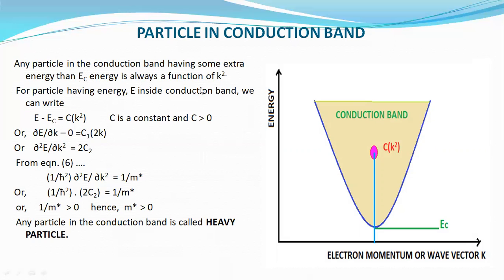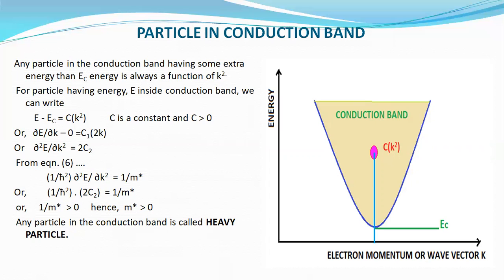So let's consider some electron lies inside the conduction band at this position, say C, at some point. So at some point C is supposed to be a function of k square. If any electron lies inside the conduction band at some point C, we can write E minus EC, where E means some energy inside the conduction band.